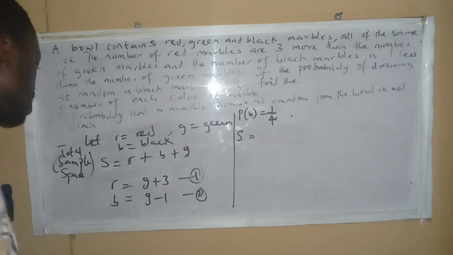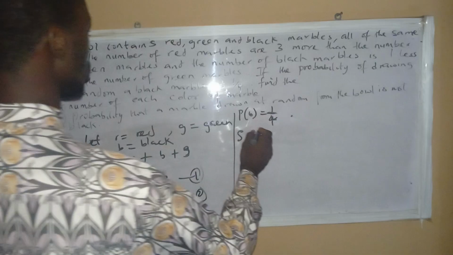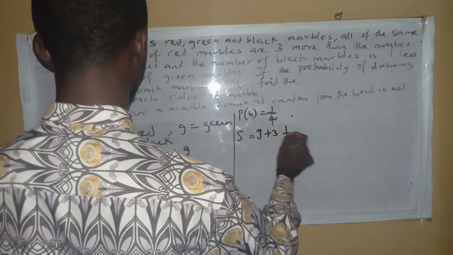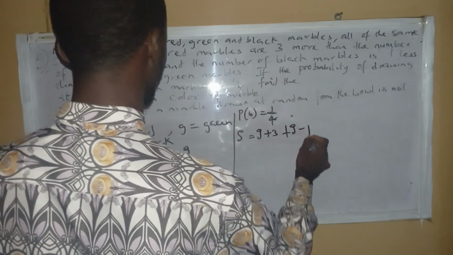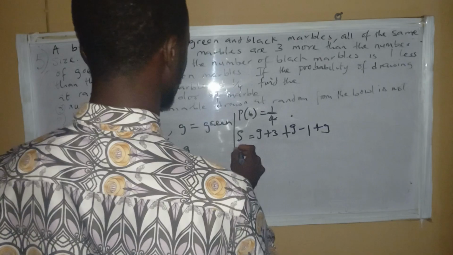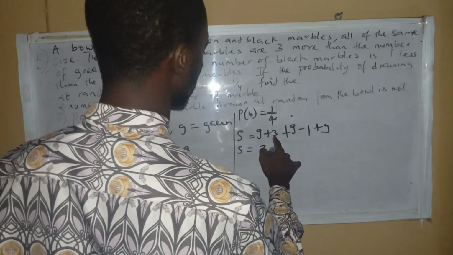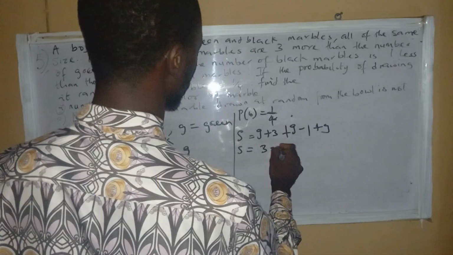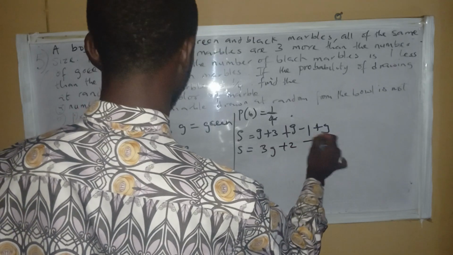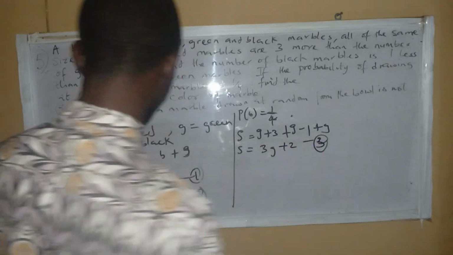R stands for G plus 3, and B stands for G minus 1, plus G. That's G plus G plus G, which is 3G, and 3 minus 1 is plus 2. So S equals 3G plus 2. I take that as equation 3.